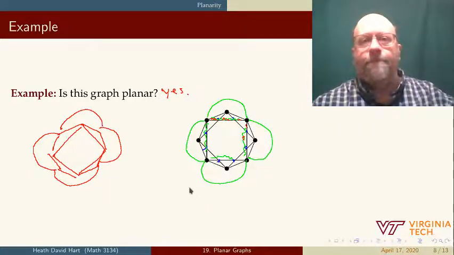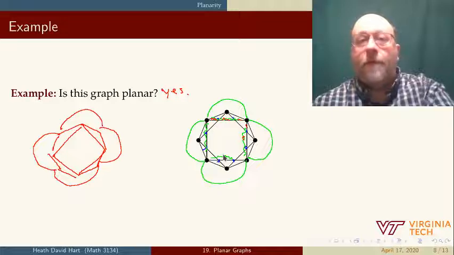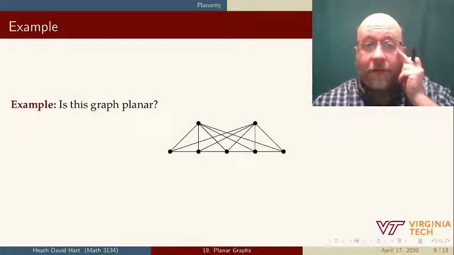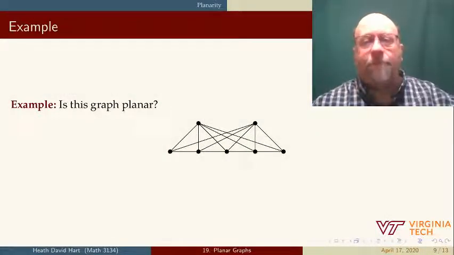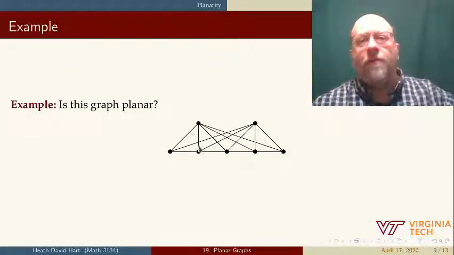Let's look at a couple more examples. How about this graph? Is it planar? It's got a lot of intersections, but the intersections are all caused by edges that go either to this vertex or edges that go to this vertex.